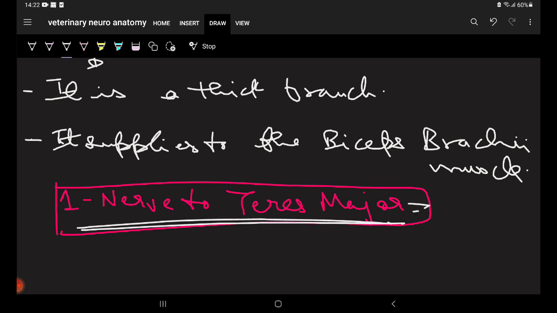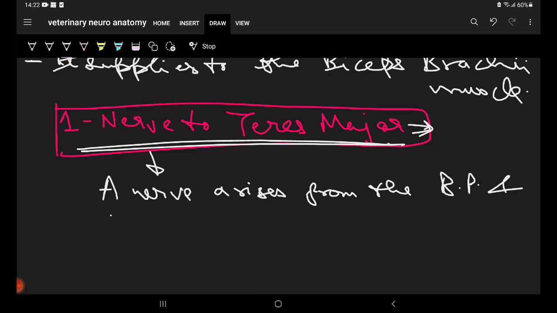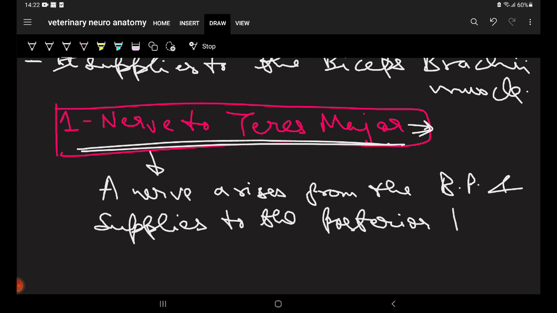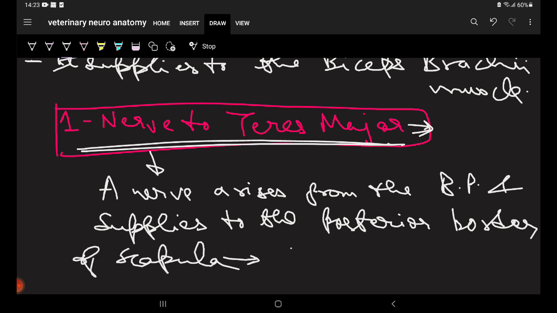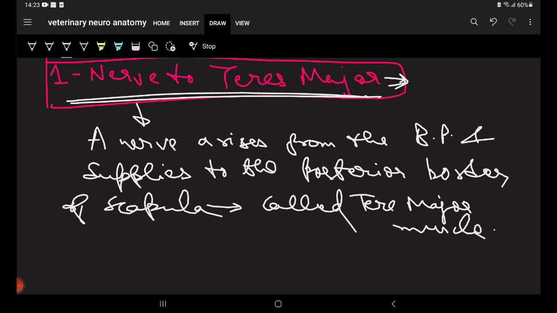So one nerve arises from the brachial plexus and supplies to the posterior border of scapula, called teres major muscle. Okay, so it supplies to teres major muscle.